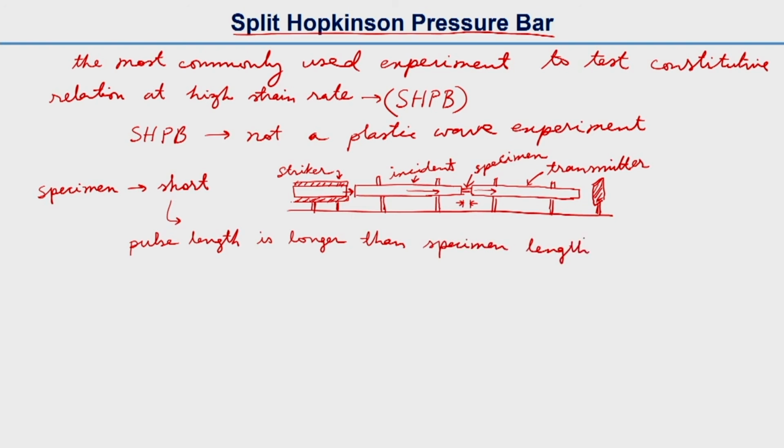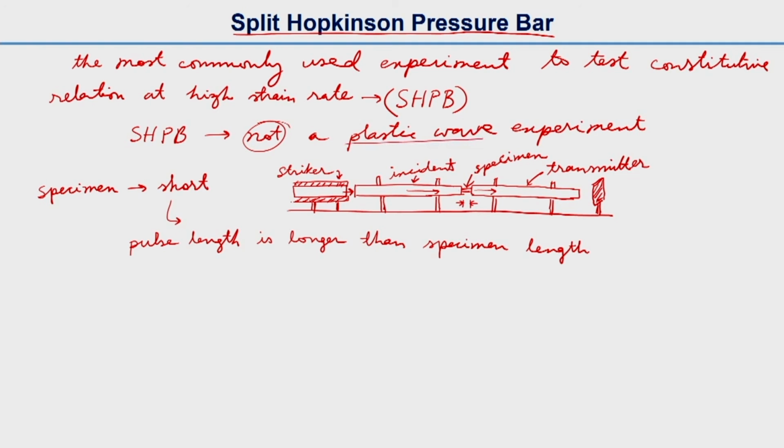So we do not actually see any plastic wave traveling in this experiment, because the configuration for plastic wave propagation is not available in the specimen. It's a very short specimen. So the split Hopkinson pressure bar is not a plastic wave experiment.